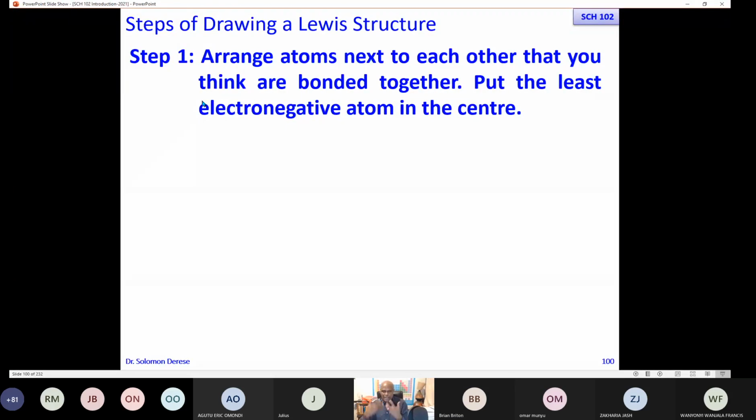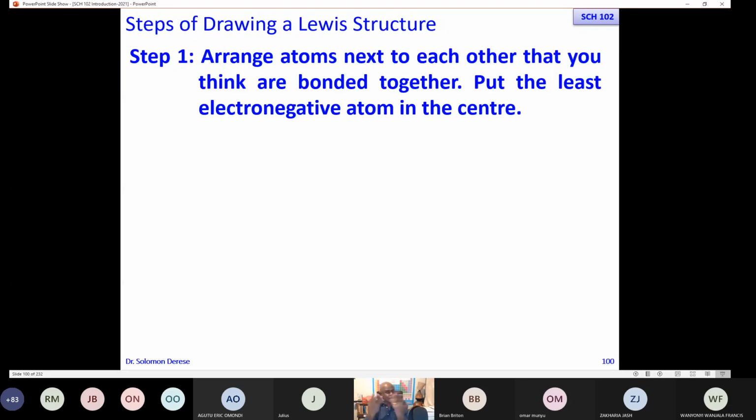So we arrange the atoms next to each other in the way you think they are bonded together, okay? So this is not an easy task, as we shall see as we go along. Sometimes you might have 3-4 elements that are involved in chemical bonding. For example, sulfuric acid. In sulfuric acid, we have 2 hydrogens, 1 sulfur, and 4 oxygen.